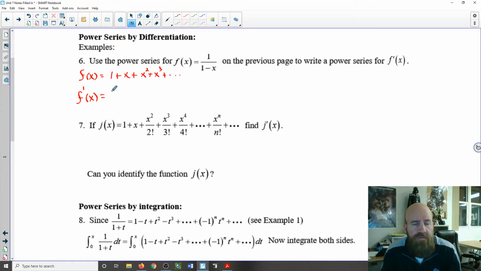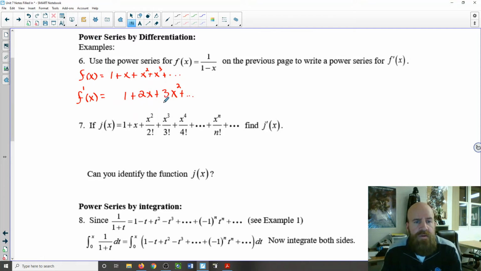So the derivative of 1 is 0, plus the derivative of x, we have 1, plus the derivative of that, and then the derivative of this, and we can continue on down the line, but that's essentially it. That's what we're looking for.